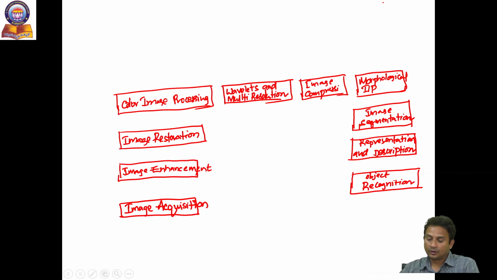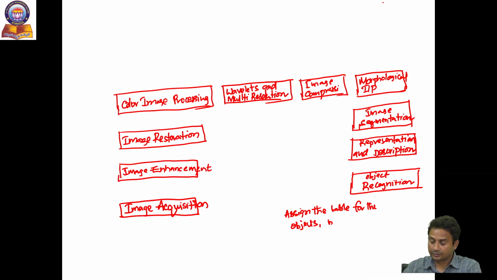Object recognition deals with the tools which will label or assign labels for the objects, based on the information provided by the descriptors.